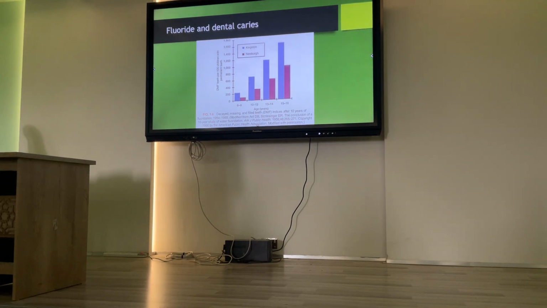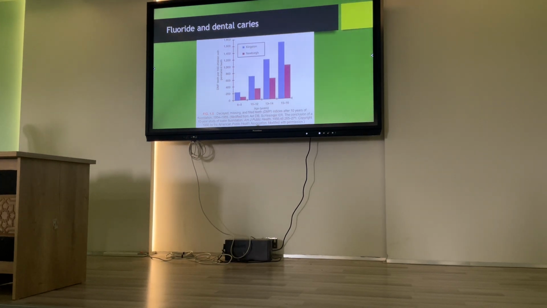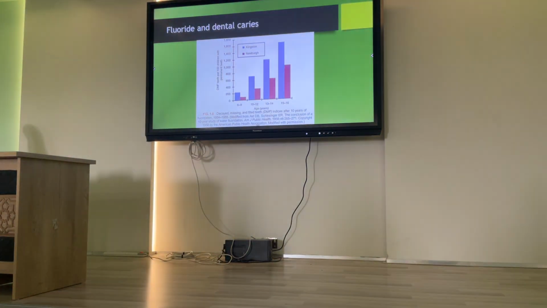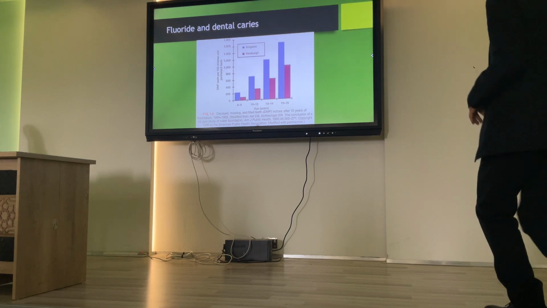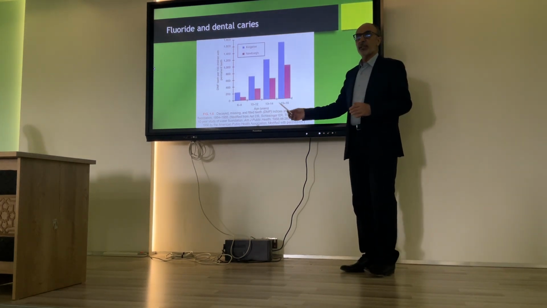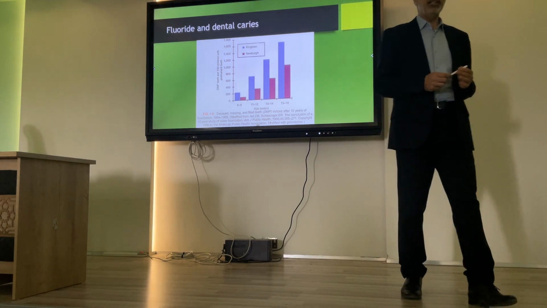Both states in both groups had low levels of fluoride. The lifestyle should be the same. The average number of DMF also was similar between the two groups. Just on the right side, they added some fluoride to water, and the left side was left alone, without any intervention.